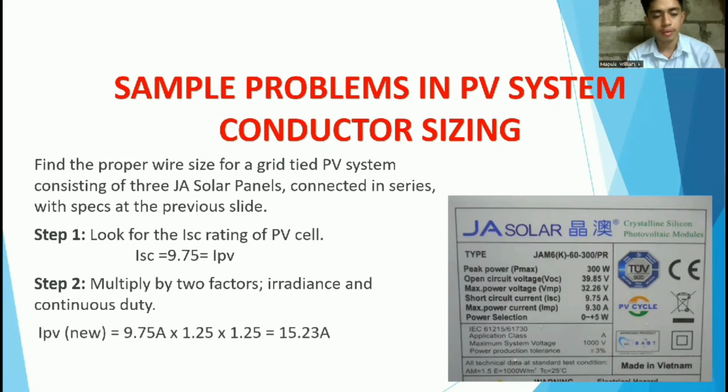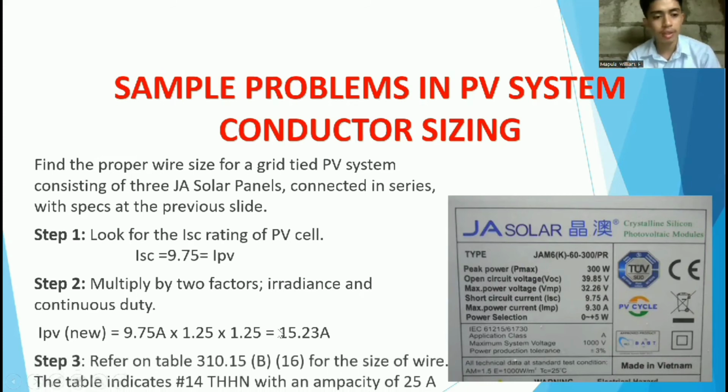Then, sa equation na ito, magiging bago na yung IPV natin. Times natin yung 9.75 amperes times 1.25. Ito yung 125%. Times natin sa 1.25 is equals to 15.23.